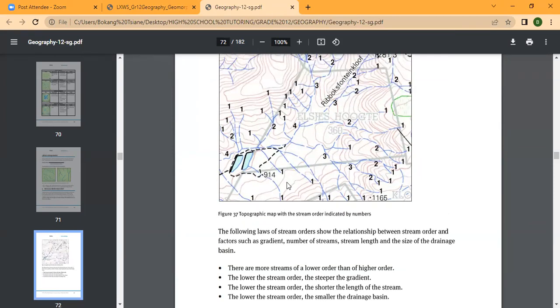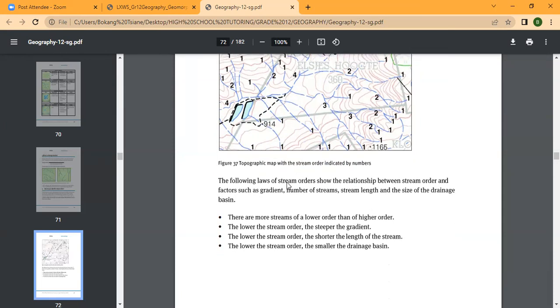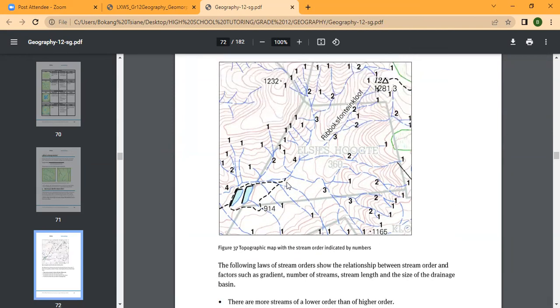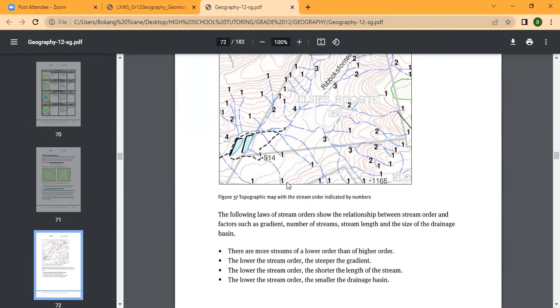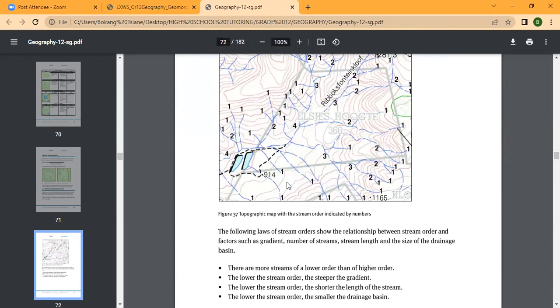At 1, the contour spacing is closely packed, so we have a steep gradient. And then when we move to 4, we have evenly spaced contours, so the slope is more gentle. And then the last rule, the lower the stream order, the smaller the drainage basin. So if the highest stream is 4, it has the largest drainage basin.